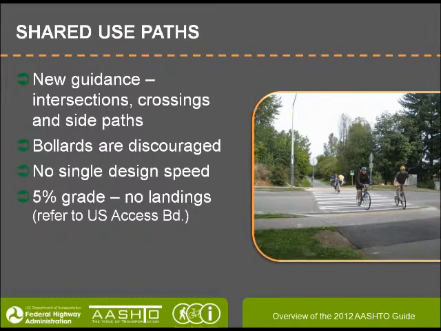So another area that the guide has changed quite a bit is the chapter on shared use path design. It's now its own chapter, and just a tremendous amount of new information on designing intersections and crossings, designing paths adjacent to roads. One important difference about this guide compared to the previous guide: the previous guide gave a lot of information on how to design bollards or posts at the entrances of trails to keep motor vehicle traffic off of trails, but didn't really adequately explain what a hazard those can be to bicyclists.